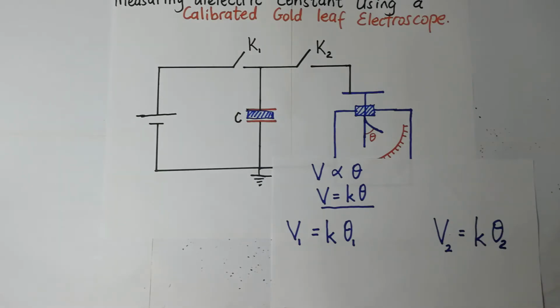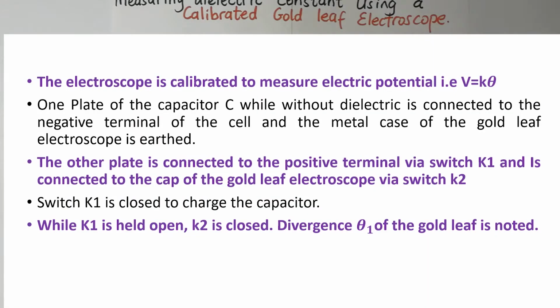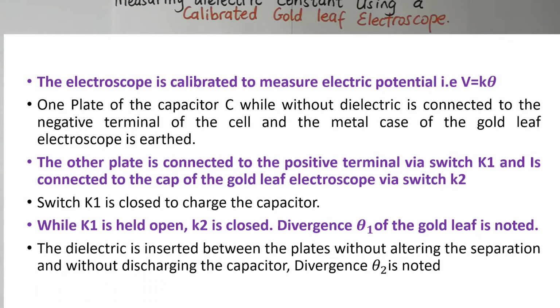Again, without discharging the capacitor and without changing the distance of separation, we insert a dielectric between the parallel plate capacitor, and again we close switch K2.